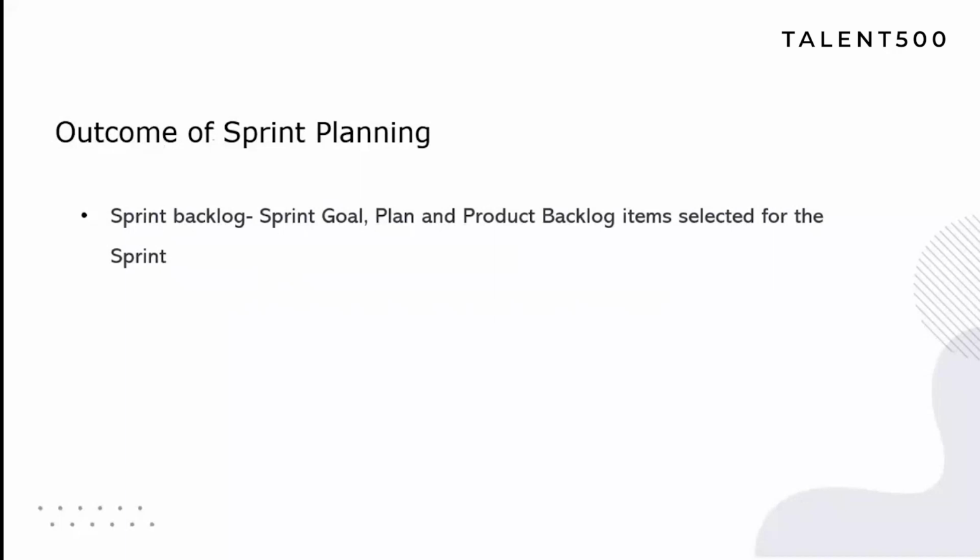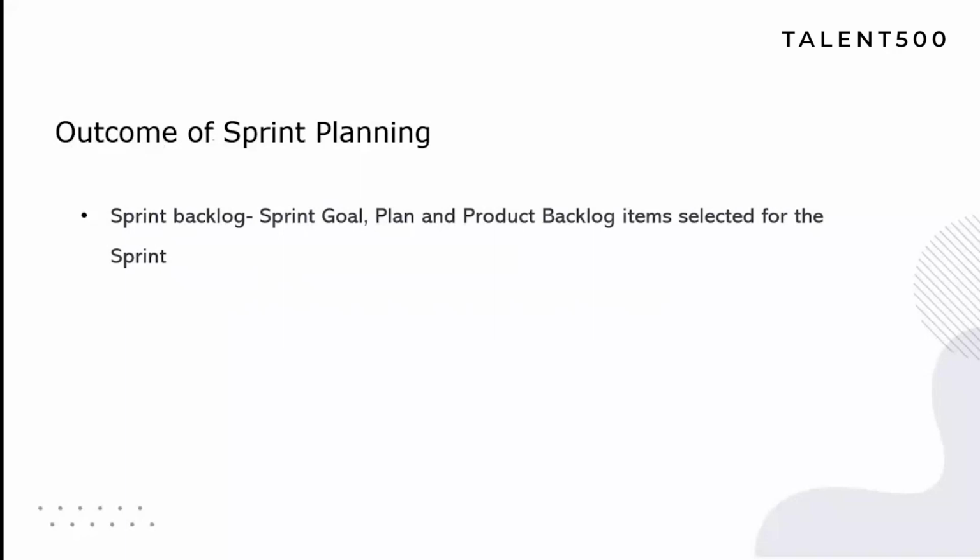This way, they clarify their doubts, they resolve or highlight any dependencies or risks, and they discuss each item in detail and come to the conclusion of crafting a sprint goal. And this happens before your sprint planning ends.